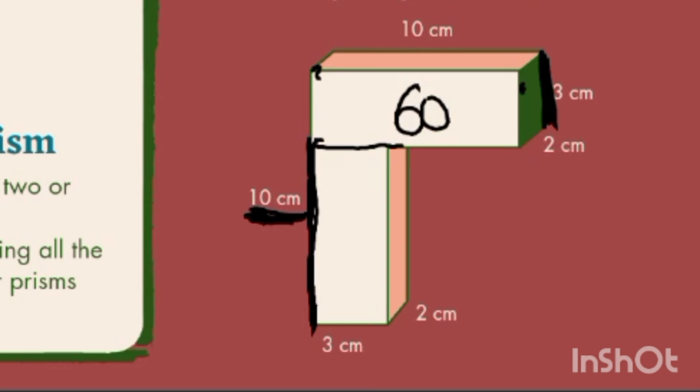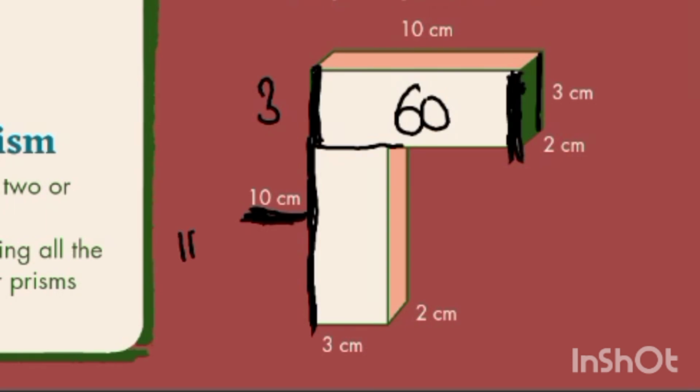So if this is the height, in a rectangle, as you know, if this is 3, this should also be 3. If this side is 3, this side will also be 3, opposite sides are the same. Now we are going to subtract 3 from 10, so we will get 7.